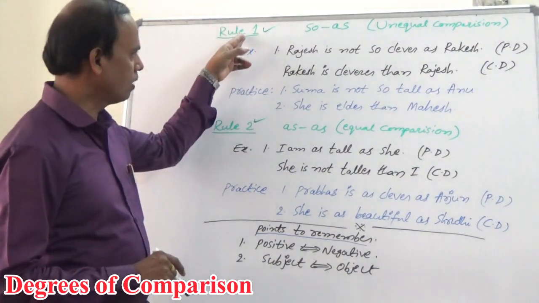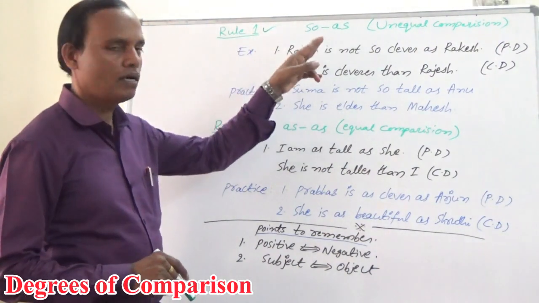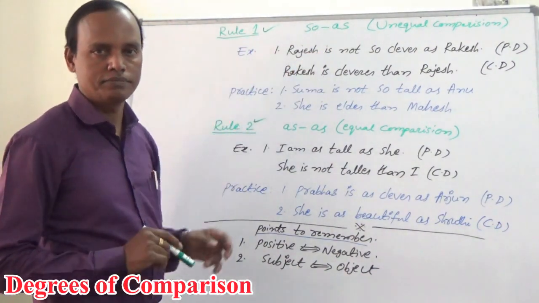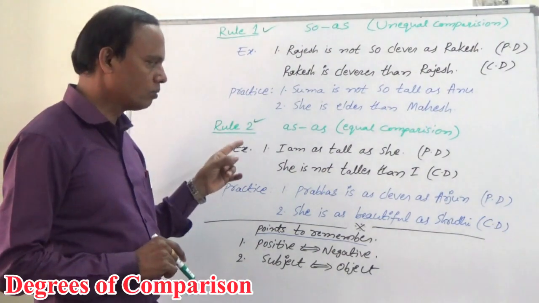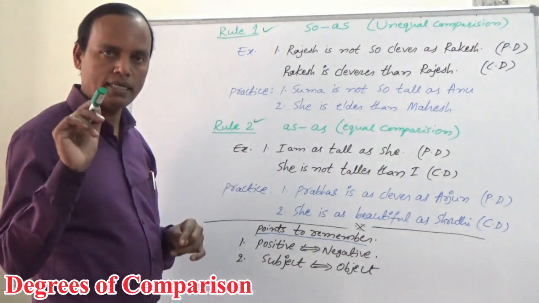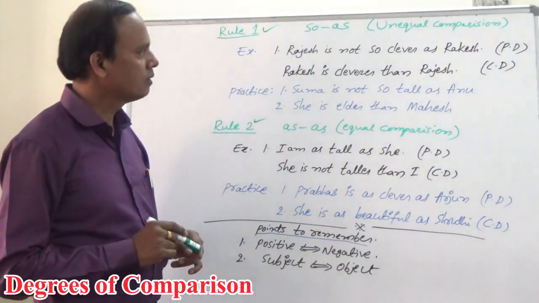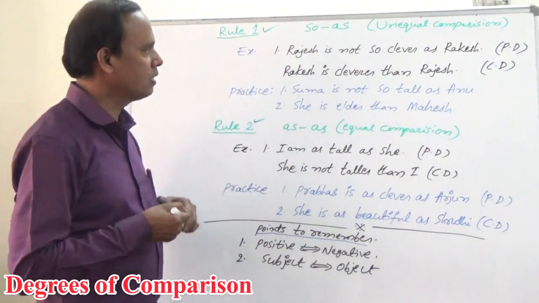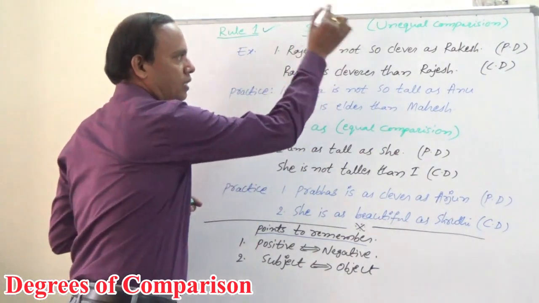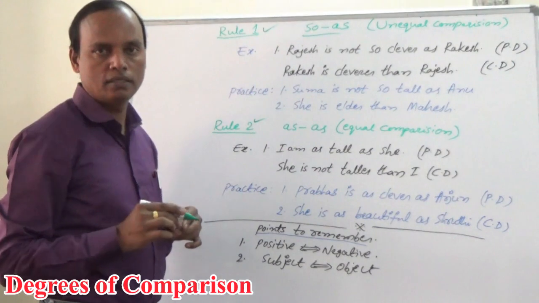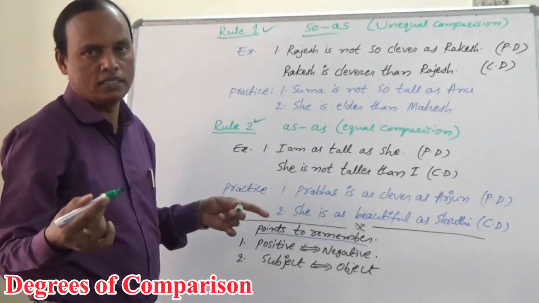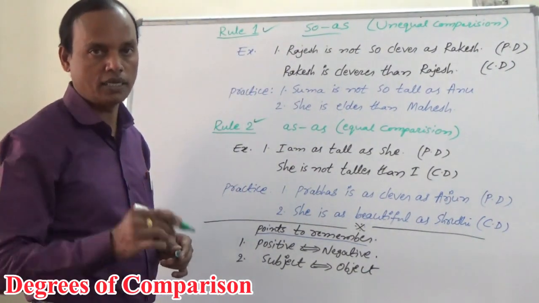Rule 1 is called unequal comparison, and rule 2 is called equal comparison. In unequal comparison, "so as" comes. Some people write "as" also; it is also correct.